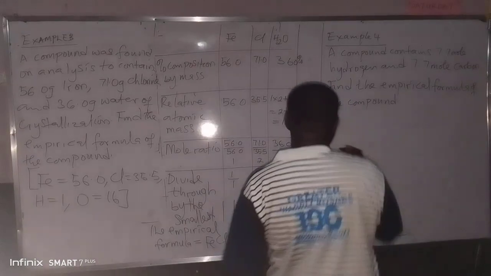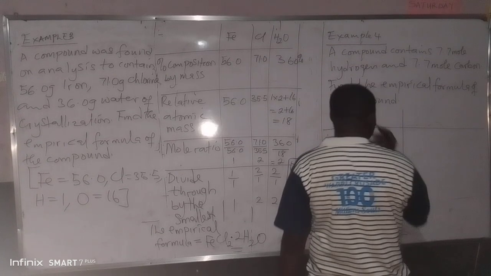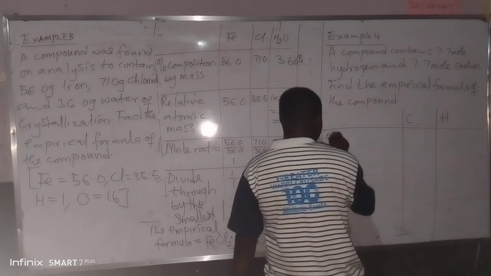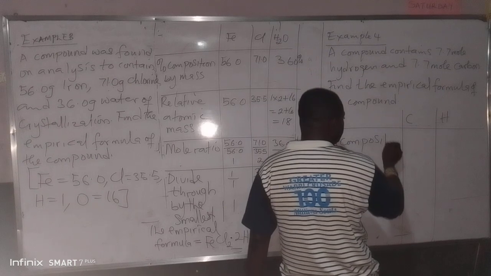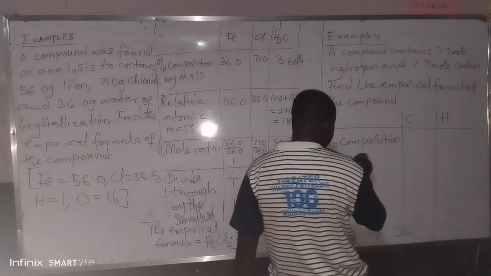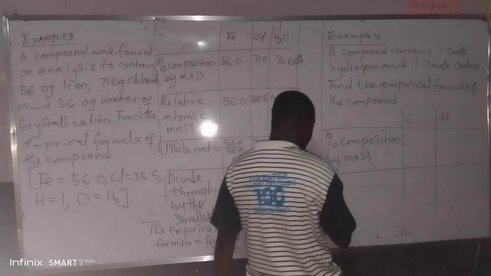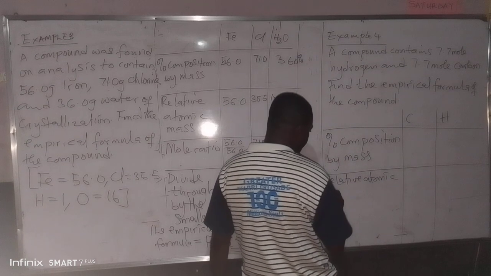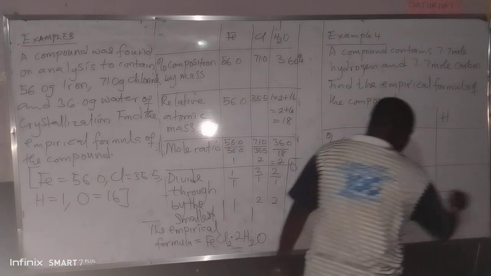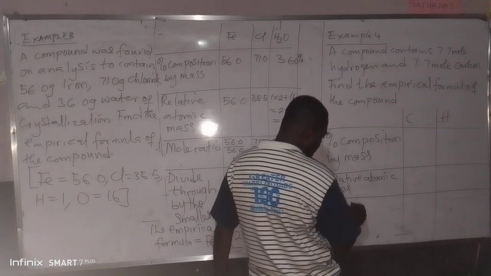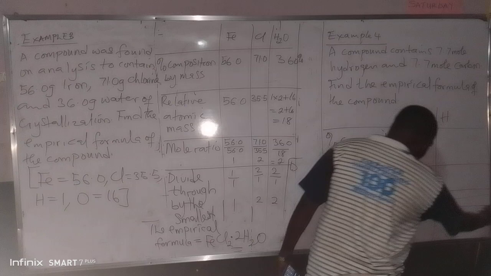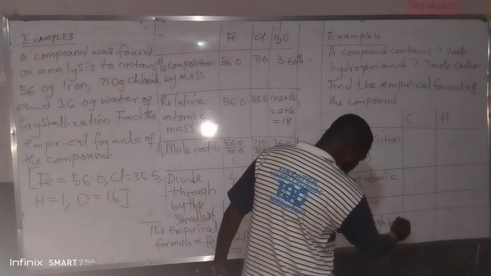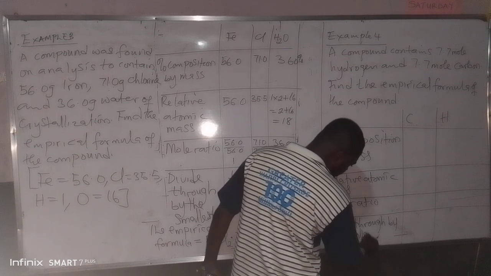So what do you do? You do your table: you have carbon, you have hydrogen, and you have percentage composition by mass, relative atomic mass, then the next one is mole ratio, then divide through by the smallest mole ratio.